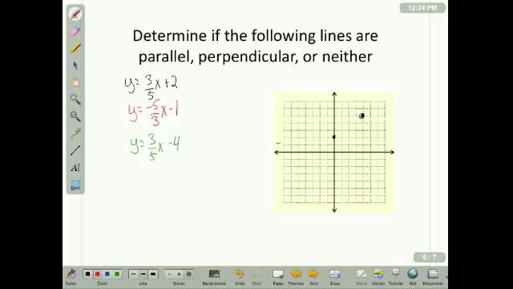My red line crosses the y at a negative 1. When I replace my x with 3, I'm left with negative 5 minus 1, which is a negative 6. So 3 comma negative 6.